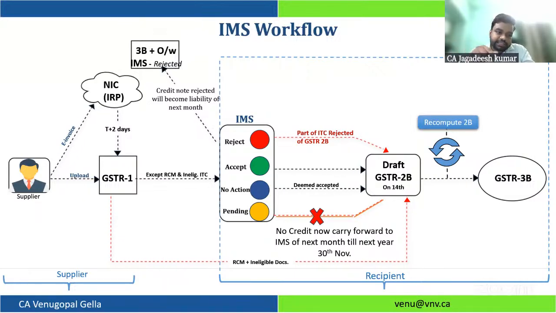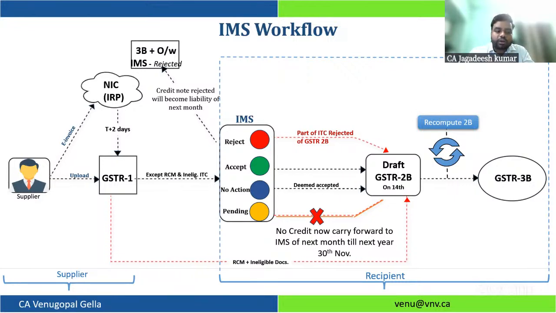But in the IMS, as and when your supplier saves the record in the GSTR-1, either by manual upload or, in case of e-invoice, it will be saved in the GSTR-1 after 2 days, that is T plus 2 days.